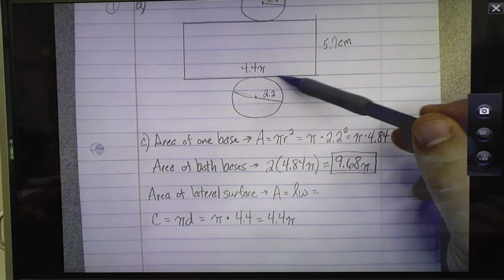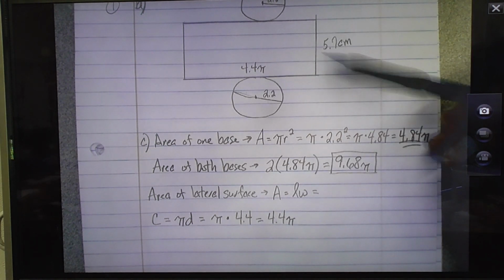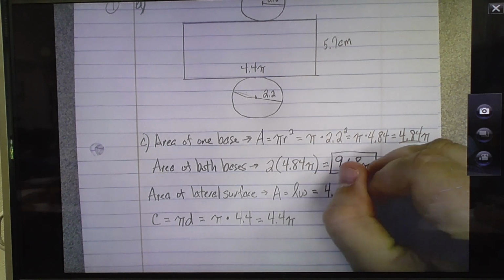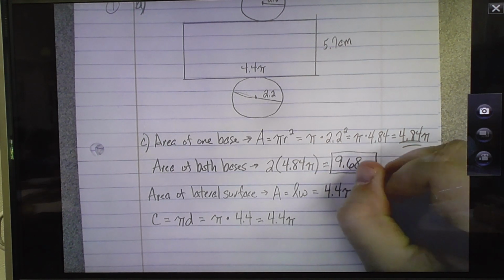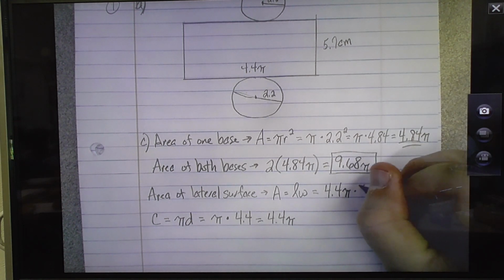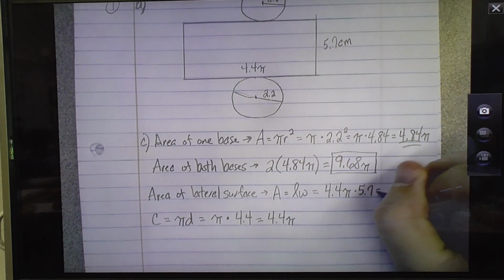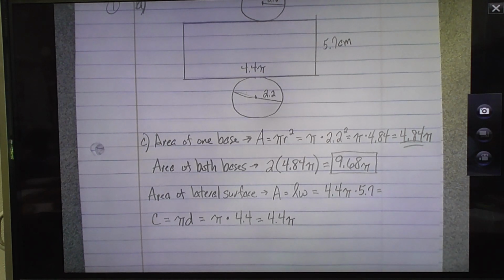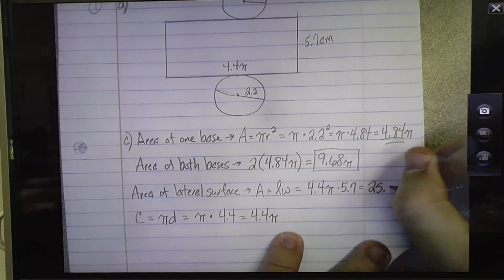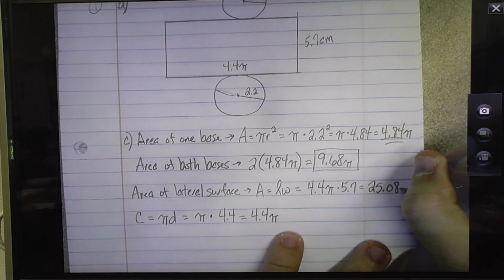Now, do I have my length and my width on my rectangle? Yes. So I'm going to go back to my formula and plug that in. My length is 4.4 pi times my height, which is 5.7. I'm going to multiply those numbers together. 4.4 times 5.7 gives me 25.08 pi.